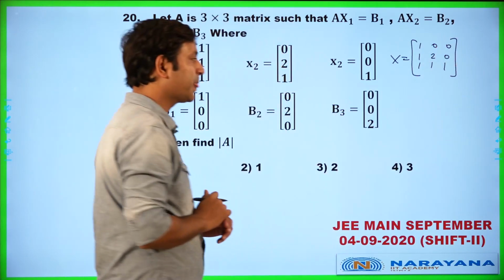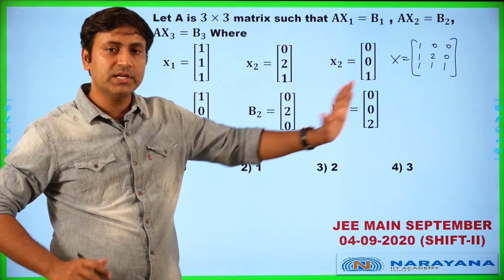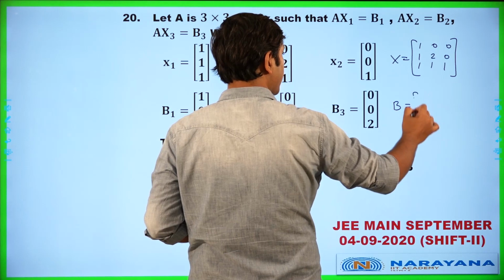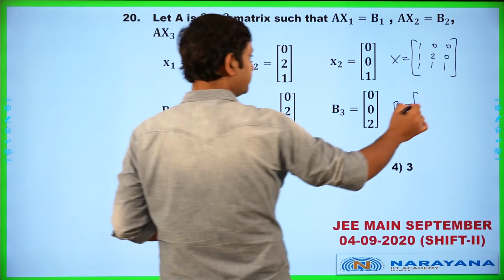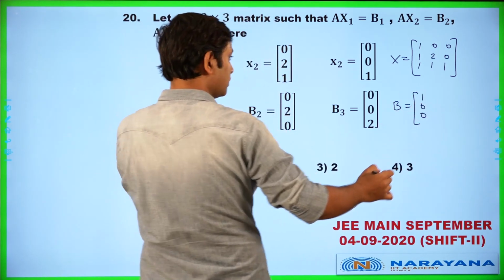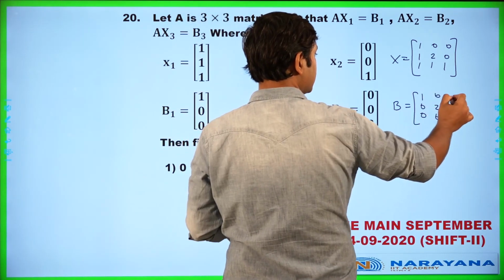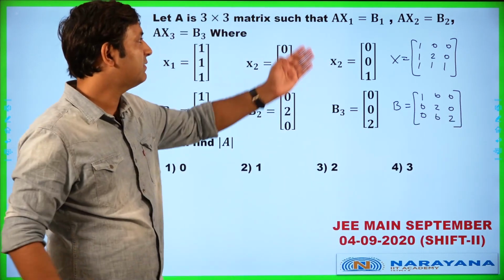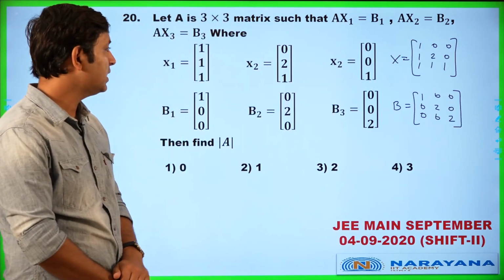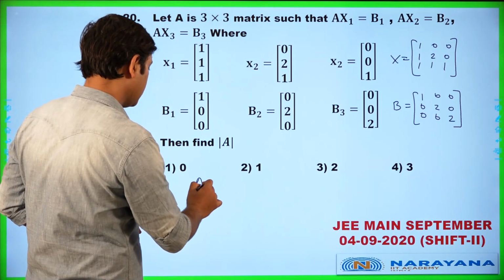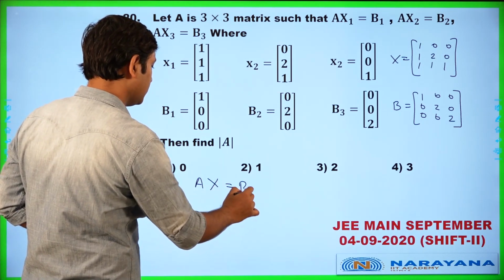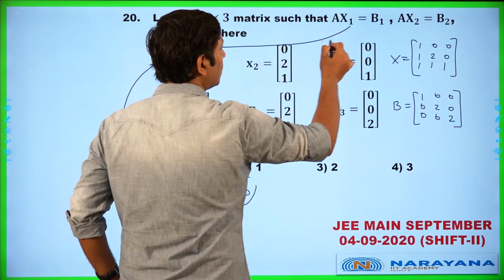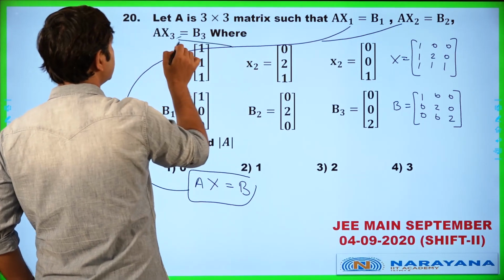We can make, from all of b1, b2, b3, one matrix B such that B is equal to 1, 0, 0, then 0, 2, 0, then 0, 0, 2. And from the given relations, we have A X is equal to B. Notice that this expression takes care of all these 3 relations.